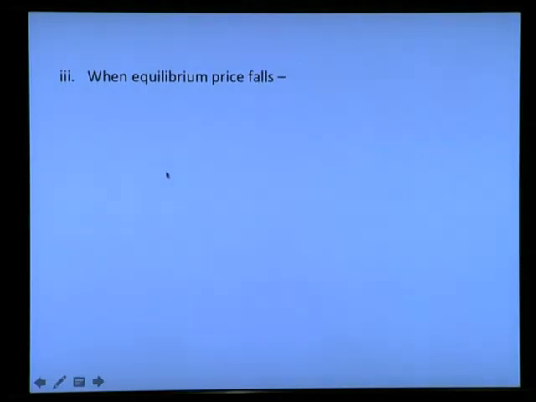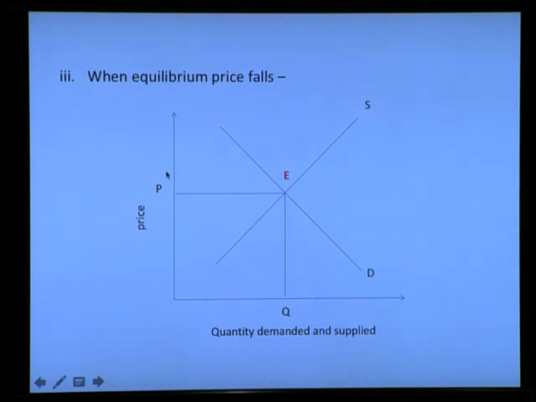Now, let us look into the last possibility, that is when the equilibrium price falls. We are going to look into when the equilibrium price is going to decrease. Again, there is an increase in demand, so the demand curve shifts towards the right. Simultaneously, there is also an increase in supply, so the supply curve shifts towards the right.